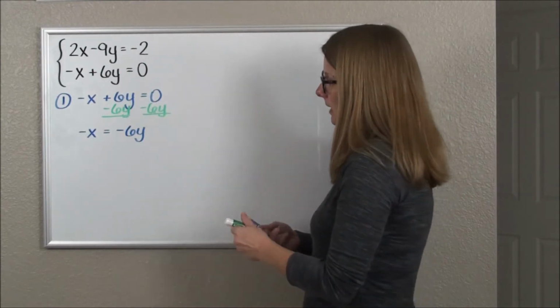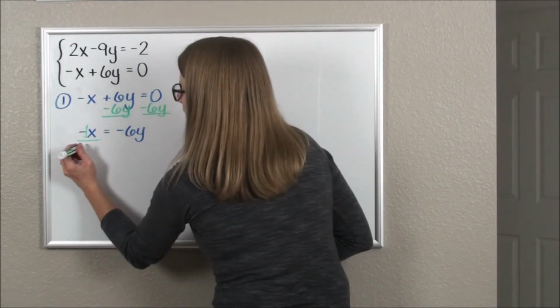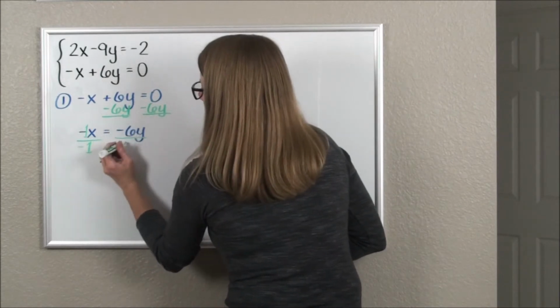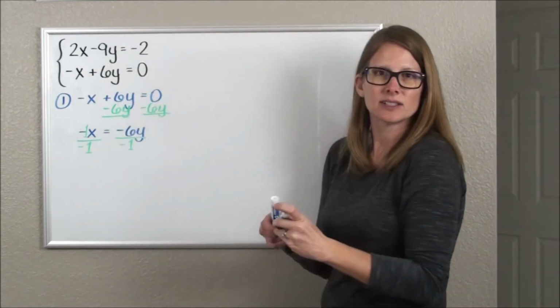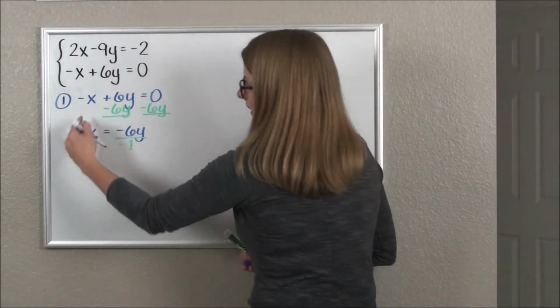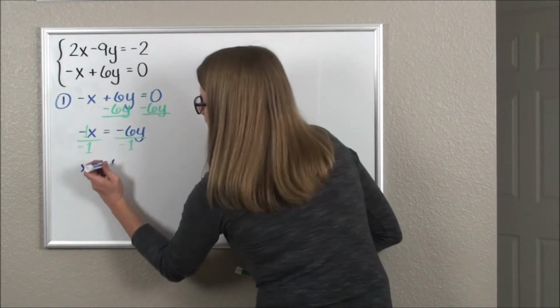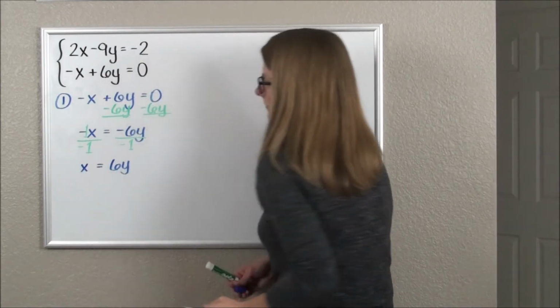And then last but not least, I want to isolate the x by dividing by the negative 1 that's in front of it. And I do that to both sides, and all that does is when I divide by a negative, it changes everyone's sign. So negative x turns into positive x. Negative 6y turns into positive 6y.